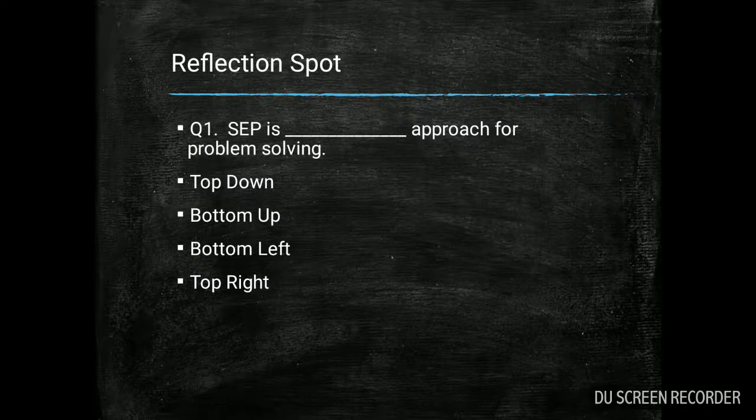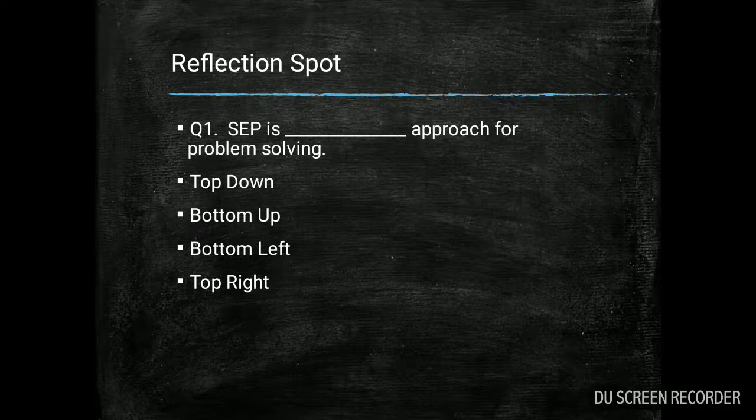With this, we have the first reflection spot. I hope all the viewers will answer this question quickly and write it in their course journal. This is a very simple problem wherein I am asking: the systems engineering process is a dash approach for problem solving.